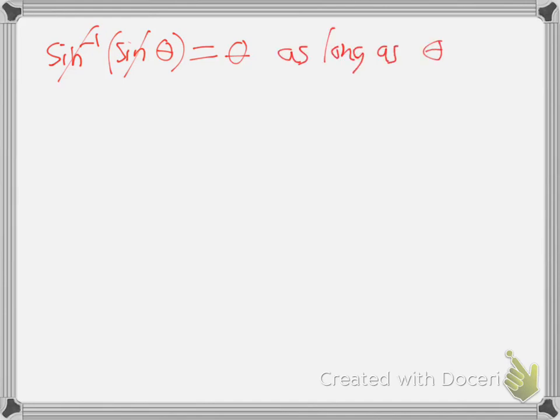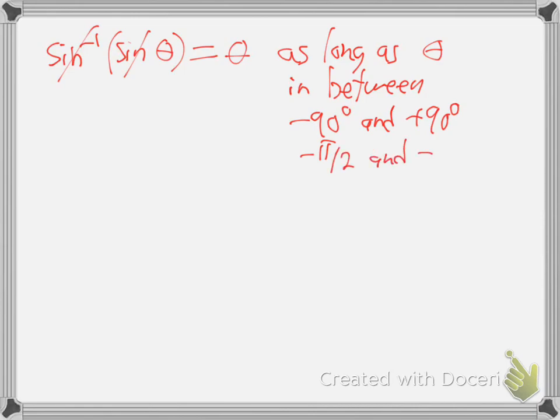So if you have sine inverse of sine of, let's just call it theta, because it's an angle, right? They're just going to cancel, and it's just going to equal theta as long as theta is between negative 90 and positive 90, meaning minus pi over 2 and positive pi over 2.